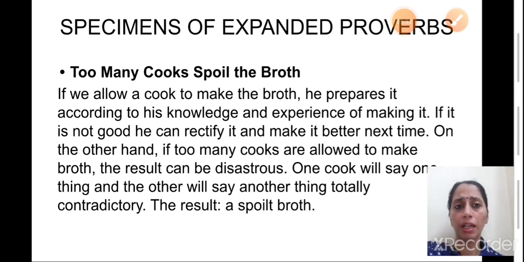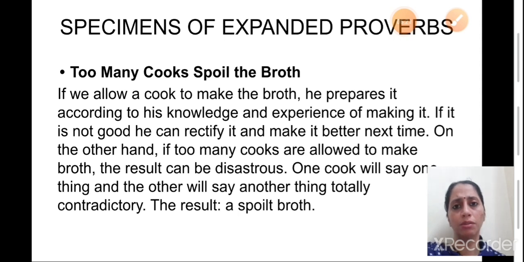If we allow a cook to make the broth, he prepares it according to his knowledge and experience of making it. If it is not good, he can rectify it and make it better the next time. On the other hand, if too many cooks are allowed to make broth, the result can be disastrous. Why?